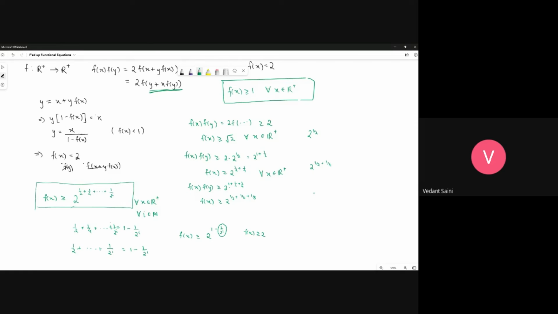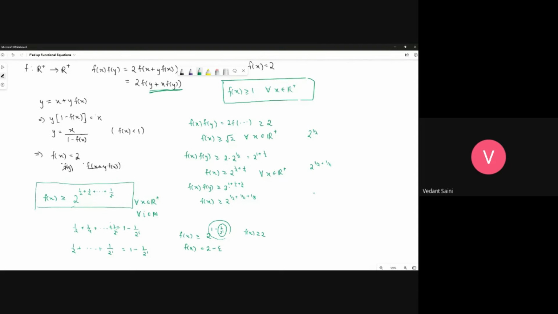If this doesn't strike you, assume f of x is slightly less than 2, but then making i large, we get this thing arbitrarily close to 1. So 2 to the power thing gets arbitrarily close to 2.